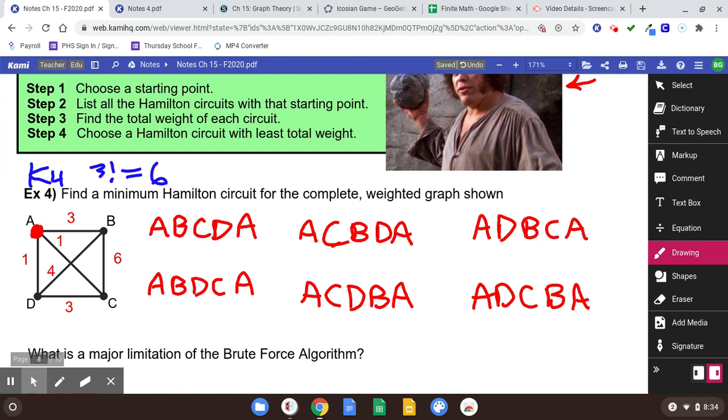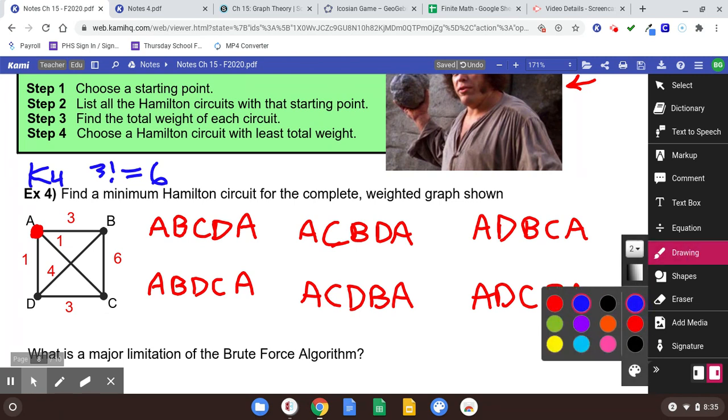Those are the 6 different Hamilton circuits, but we need to look at the weights. So here's how that works. Just look at the little numbers. If I go back to here, A to B is 3, and B to C is 6, and C to D is 3, and D to A is 1. If you add up those numbers, you'll get the total weight of that Hamilton circuit.